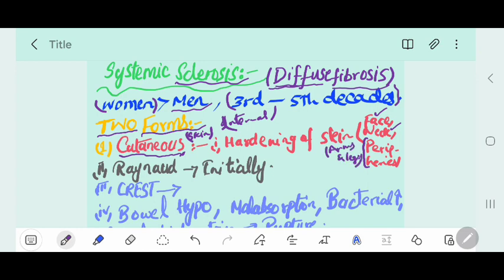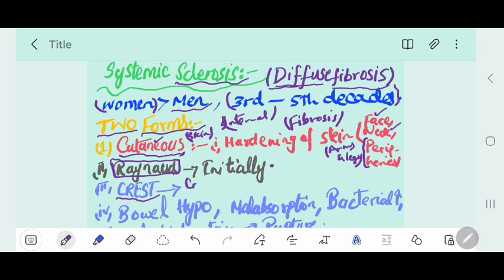So when there is fibrosis, then there is hardening of the skin. Furthermore, you can also see Raynaud's. When there is hardening of the skin, then the blood flow to the digits is also decreased, and you will see Raynaud initially.